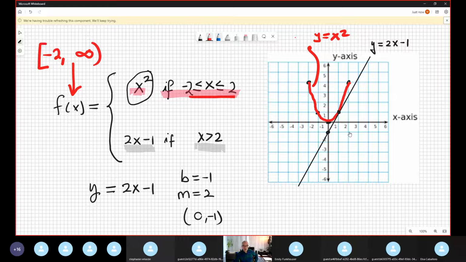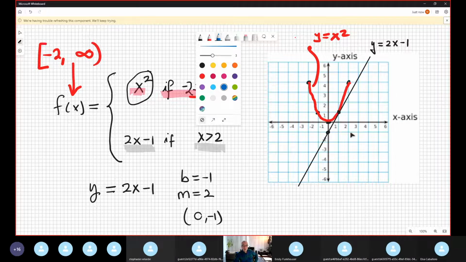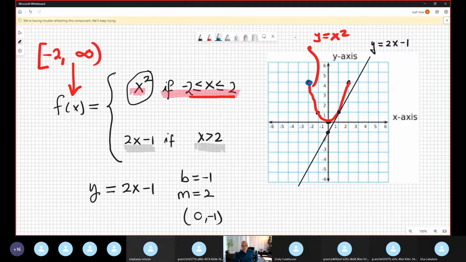So, now let me use another color, maybe blue is the final answer. So we start here. This circle is closed. This is the parabola up to positive 2. And this is also closed. So we did that part.